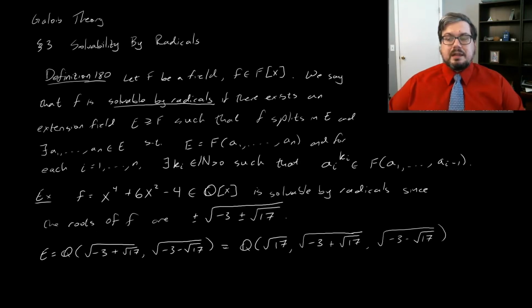So it turns out that the Galois group of the splitting field of a polynomial that's solvable by radicals has a particular property. There's a group theoretic property of the Galois group of the field extension that tells us about the polynomial being solvable by radicals.